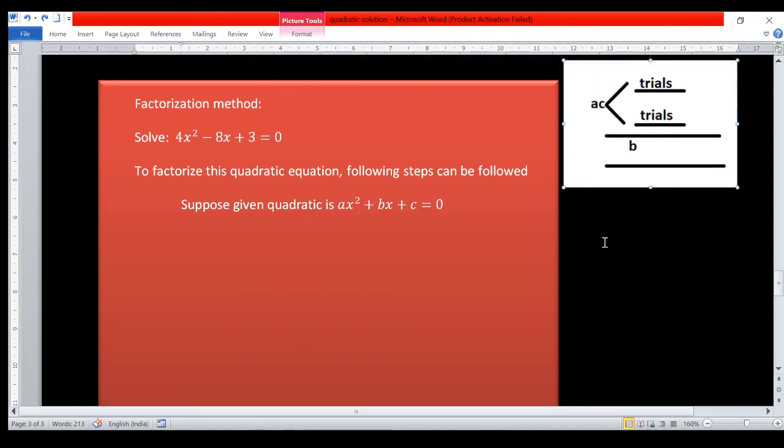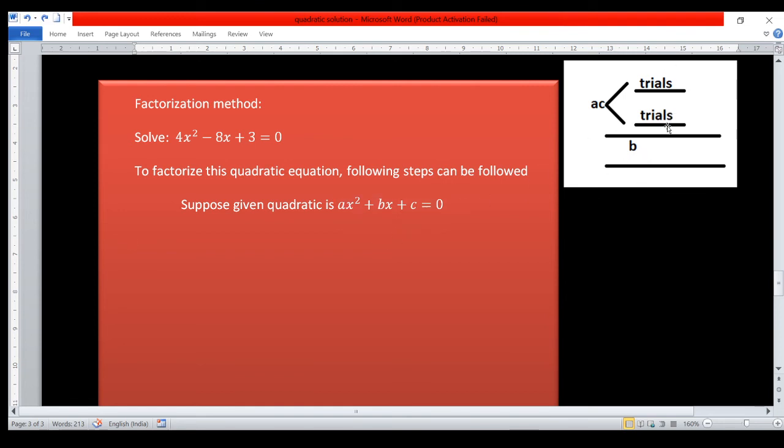This is a shortcut actually. a and c you have to multiply and write here, and b should be here. b is the coefficient of x. The middle term, that coefficient of x, should be written here, and trials you have to write here.